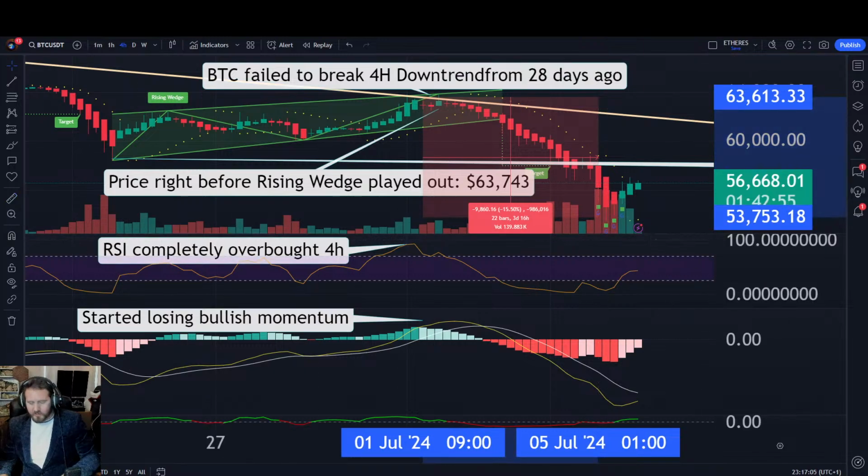So I'm going to take a screenshot of this. And this is the rising wedge. And we fell below the target. And why did we fall below the target? Because Bitcoin and crypto have way lower liquidity than stocks. So the very smart people in Germany realized that that was a good area to start selling.